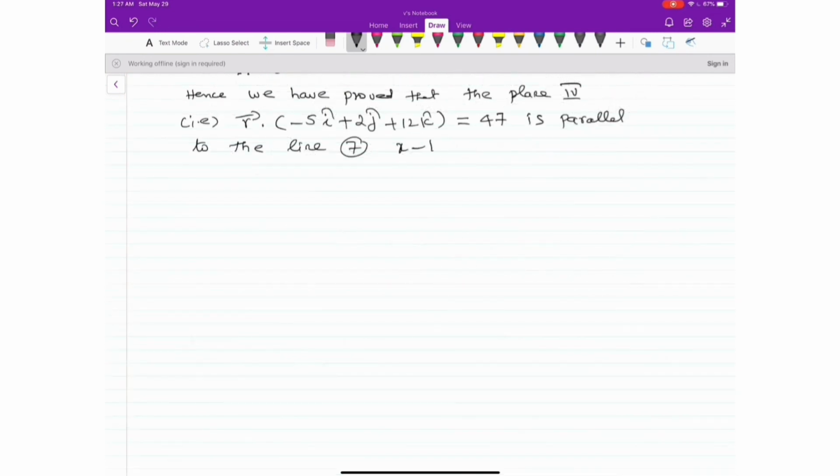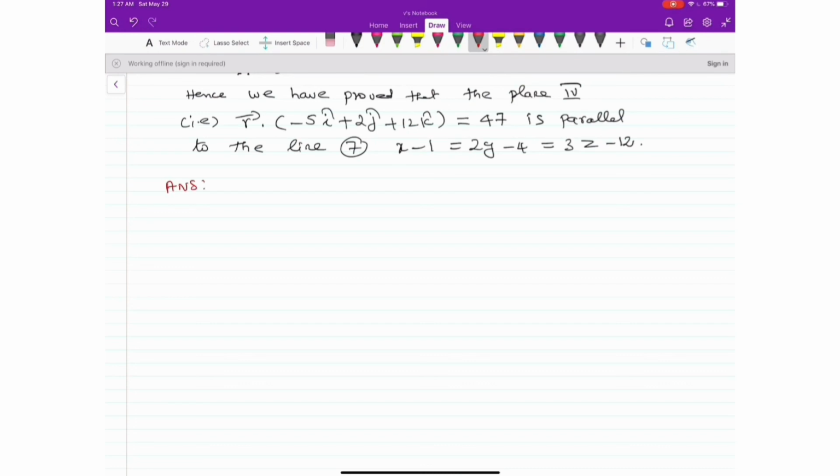This is what is given in the question: x minus 1 is equal to 2y minus 4, which is equal to 3z minus 12. Finally, you have to conclude your answer. That is very important. So, let us conclude it in this manner.